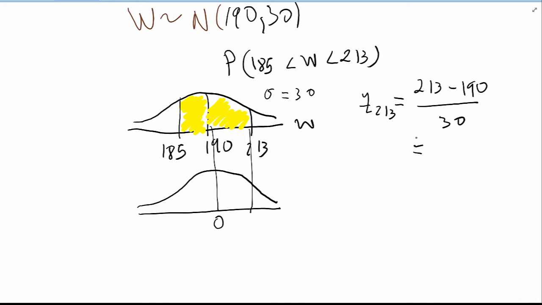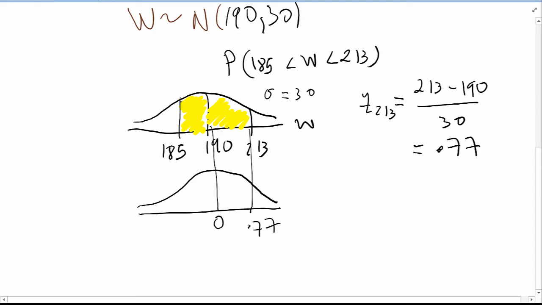Let me do this in my calculator. 213 minus 190 divided by 30 is 0.767. You only need two decimals, 0.77, right? So that will be 0.77.